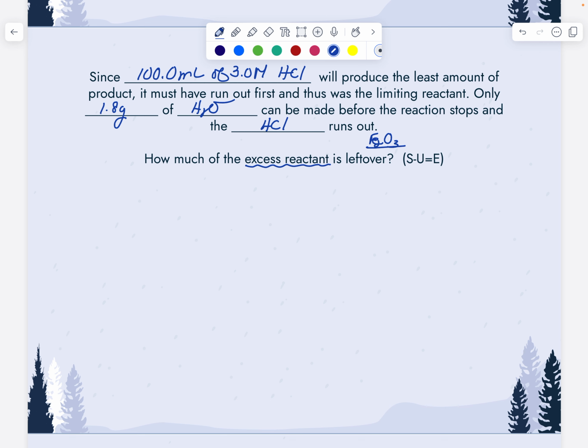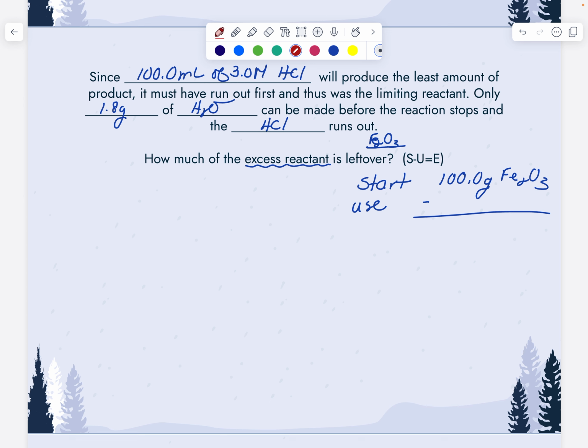How much of that is left over? Well, we have to figure out how much we started with. I go back to the original problem. We started with 100 grams. And then how much did we use? I don't know. I have to figure that out, and once I do, I will just subtract those two. How do we figure that out?